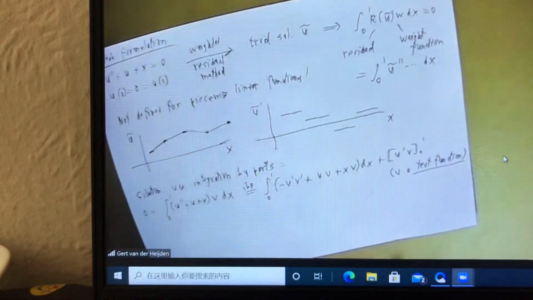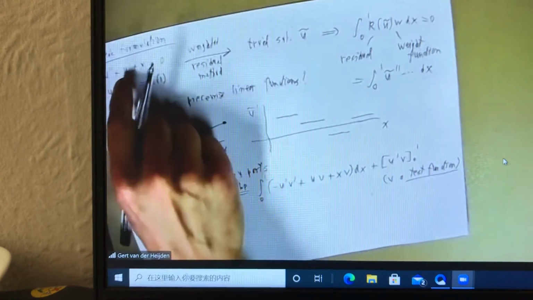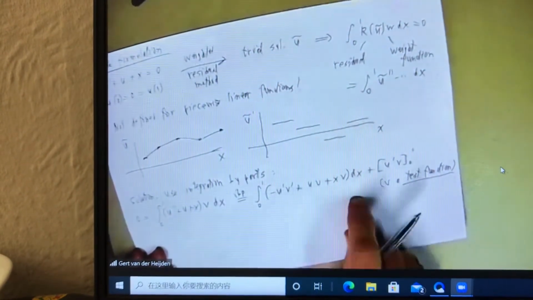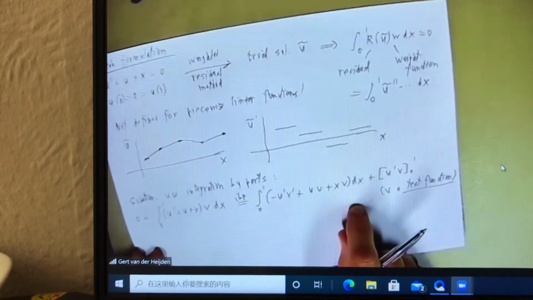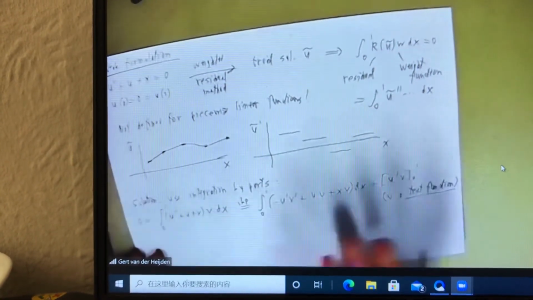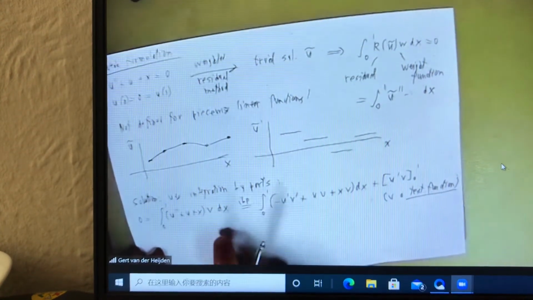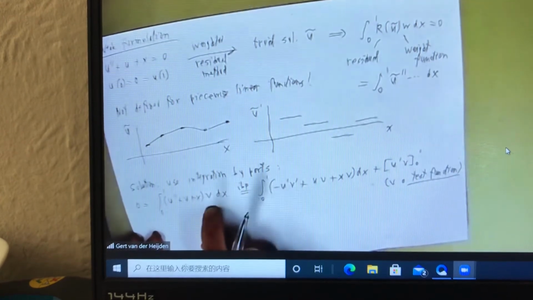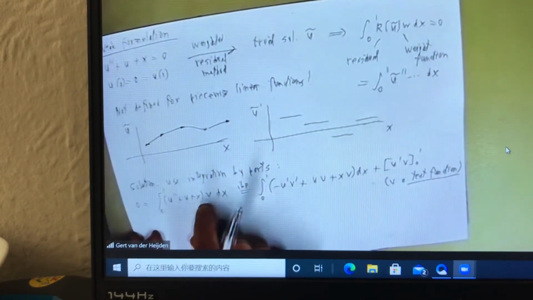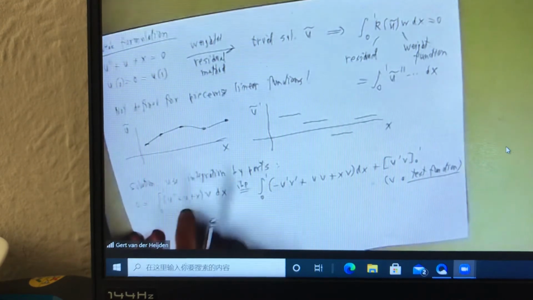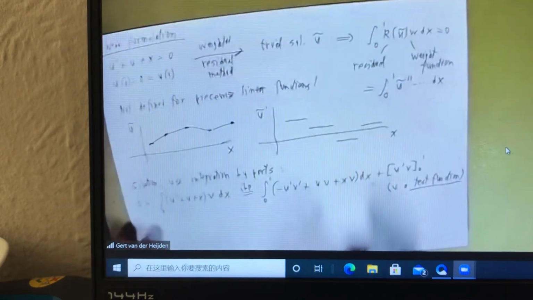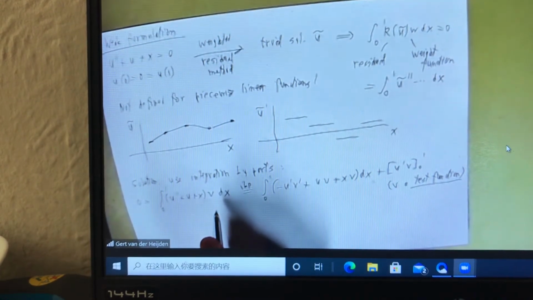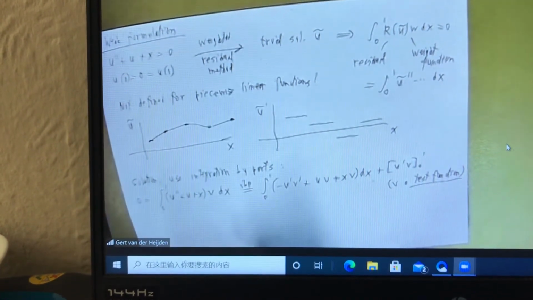Okay. Now it's clear that if a function satisfies this equation, then it satisfies this integral equation as well. We've proved this. But the converse is not necessarily true. If a function u satisfies this for certain v, if the integral is 0, it doesn't necessarily mean that the integrand, whatever multiplies the v, is 0, of course. However, if this is true for many v's, then we expect equivalence between the two.